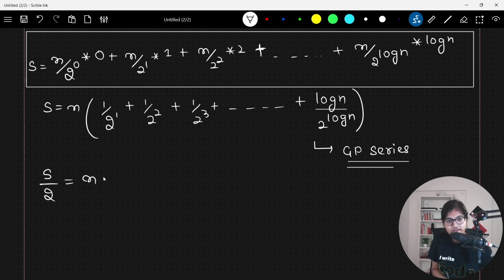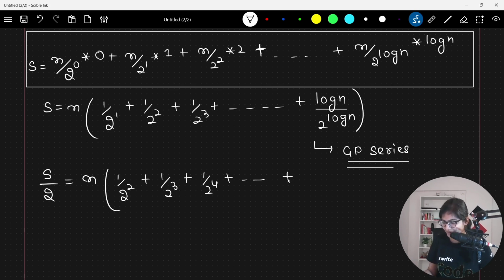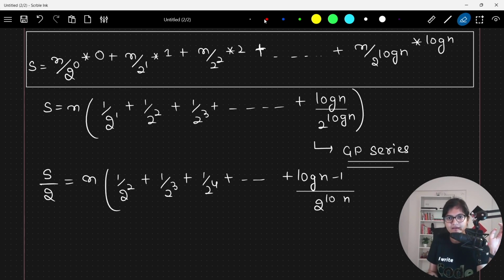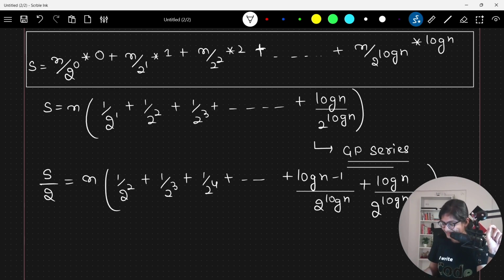When you divide by 2, it will be 1 by 2 to the power 2 plus 1 by 2 to the power 3 plus 1 by 2 to the power 4 and so on. Before the last position, it will be log of n minus 1 divided by 2 to the power log of n, plus here we will have log of n divided by 2 to the power log of n plus 1.